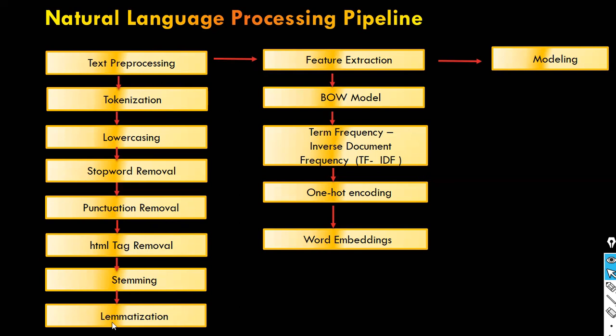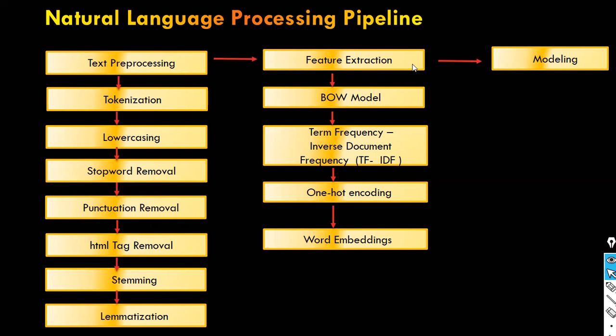All these tasks you will be carrying out as part of your text pre-processing. Once you split your text into words, on a case-to-case basis you convert into lowercase, remove the stop words, and then do stemming and lemmatization.